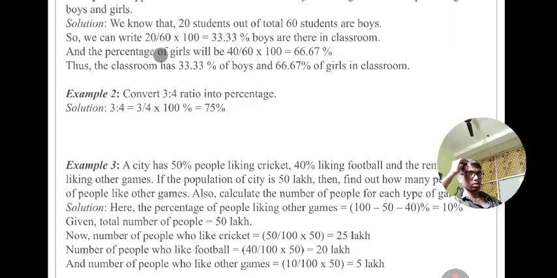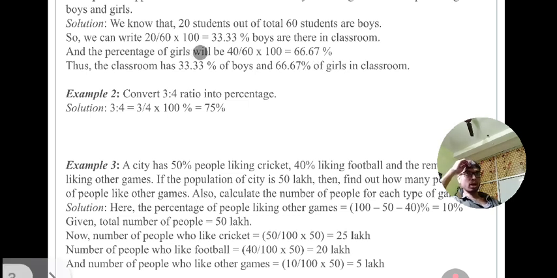We want the percentage of boys as well as girls. So we can write 20 upon 60 into 100 for boys, and the percentage of girls will be 40 upon 60 multiplied by 100, which is 66.67%.